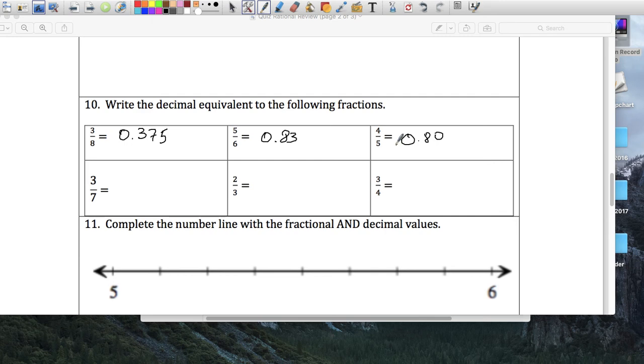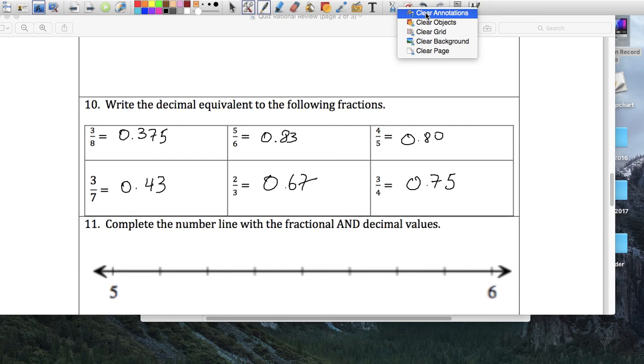And 3 over 7 is going to be, rounded, 0.43. 2/3 is 0.666 forever and ever, and we round it to 0.67. Let's keep it at the hundredths. And 3/4 is 0.75. So you're going to have to just memorize these numbers, hopefully.